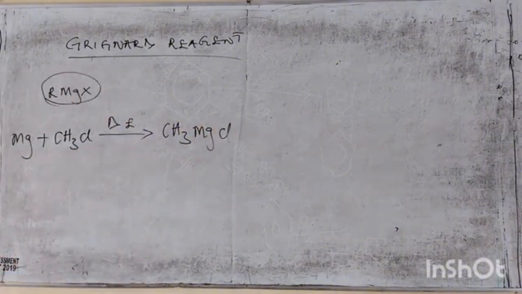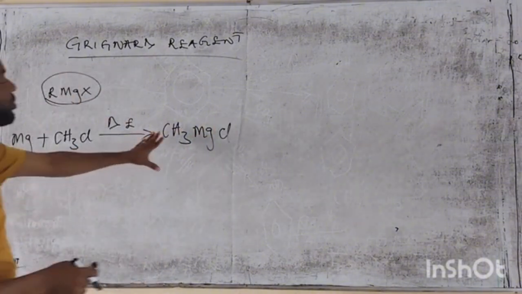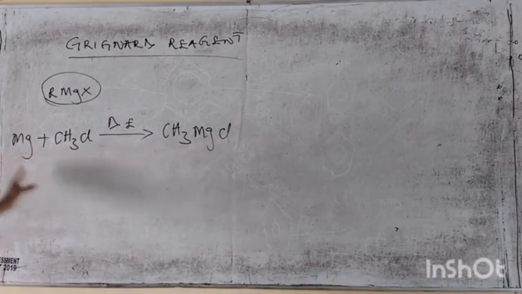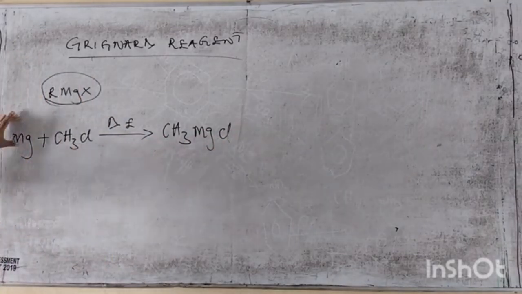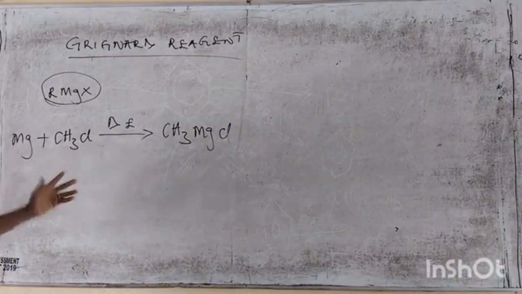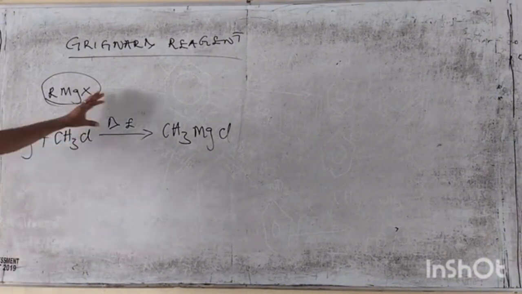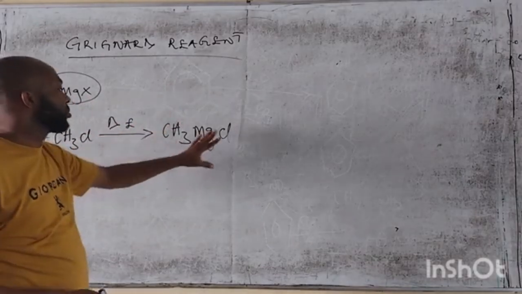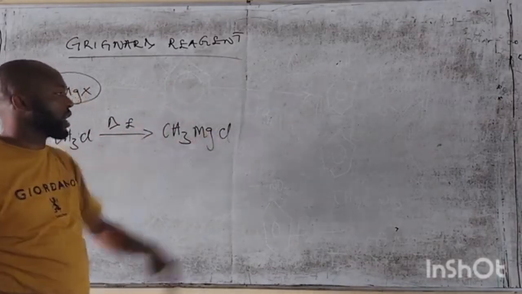This is methyl magnesium chloride, so this is now my Grignard reagent. So this is the reaction. I react my magnesium with a chloro compound, chloromethane or chloroethane or chloropropane and so on, in the presence of dry ether, and it gives me methyl magnesium chloride.